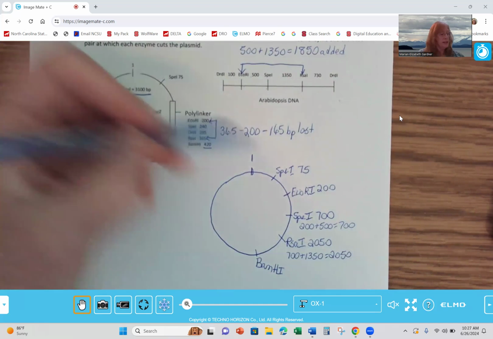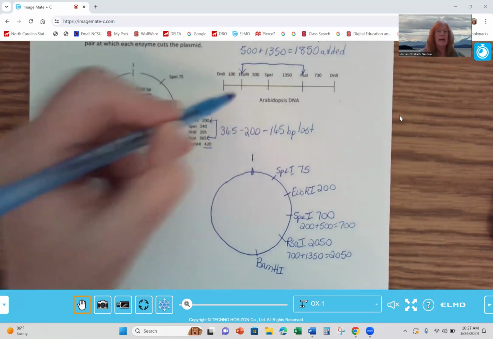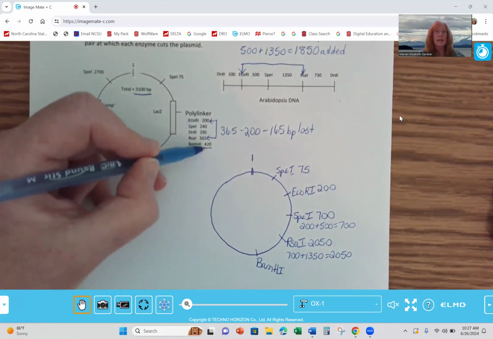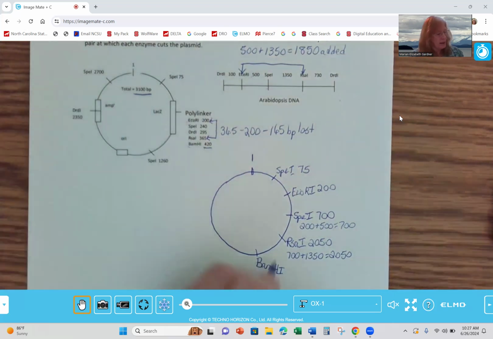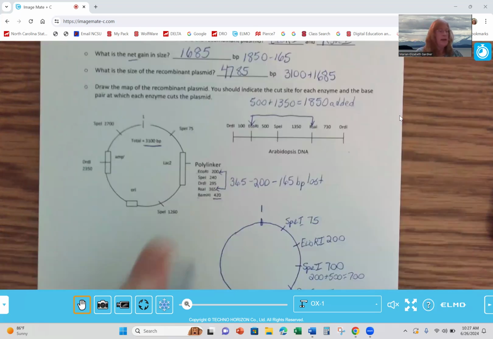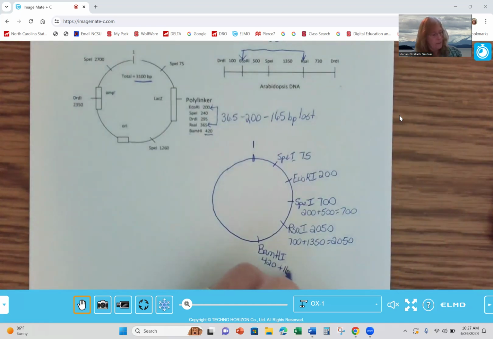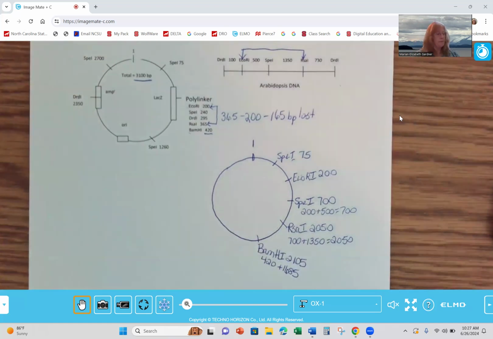Now it's after this entire piece was added. The number at which BAMH1 cuts will be what it was plus our net gain. So 420 plus the net gain was 1685. And that's 2105.